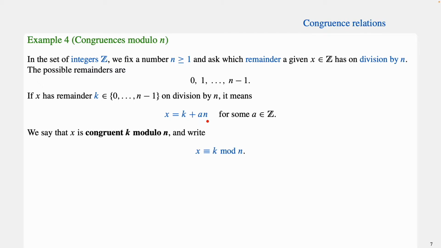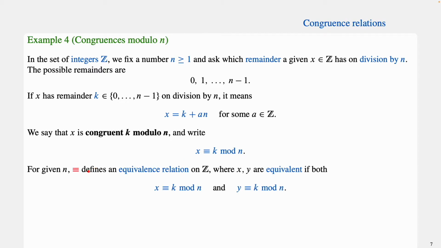In this case, we say that x is congruent k modulo n. A bit of an old-fashioned terminology, but that's what we call it. And the notation we use to express this is x ≡ k mod n.